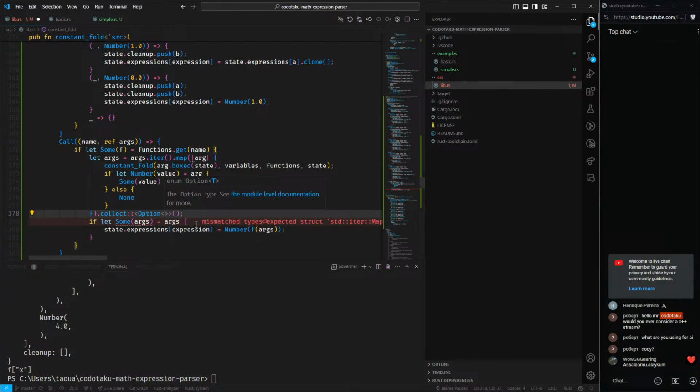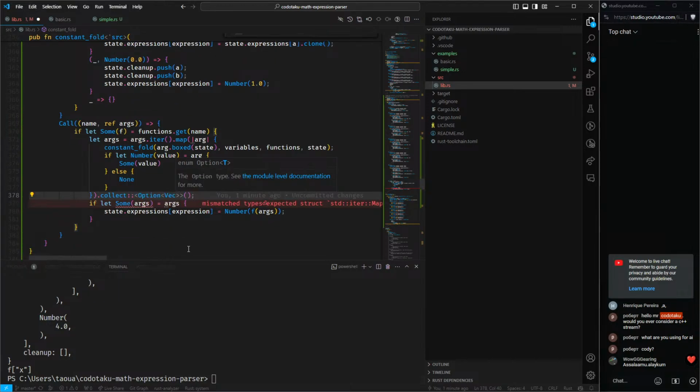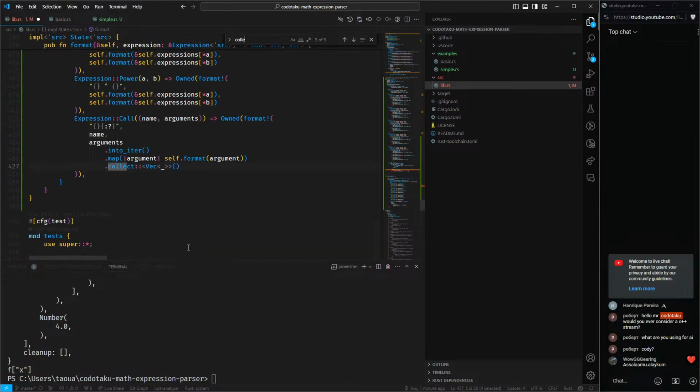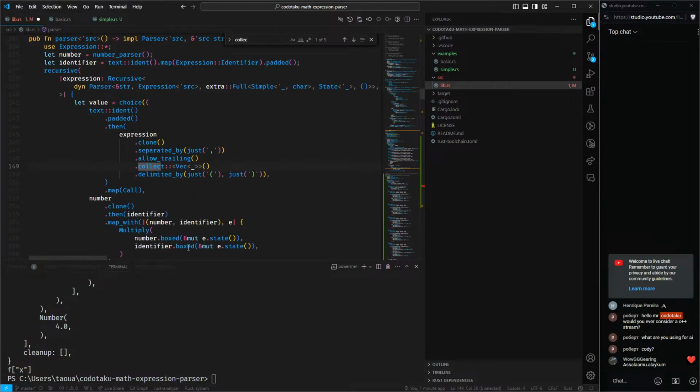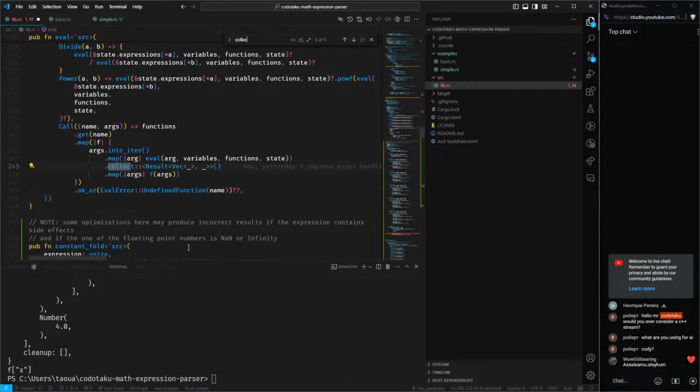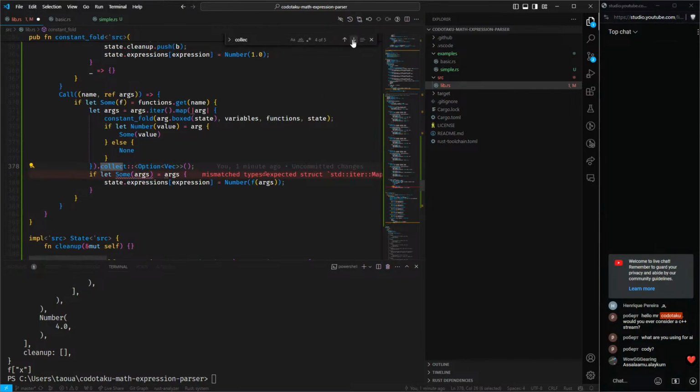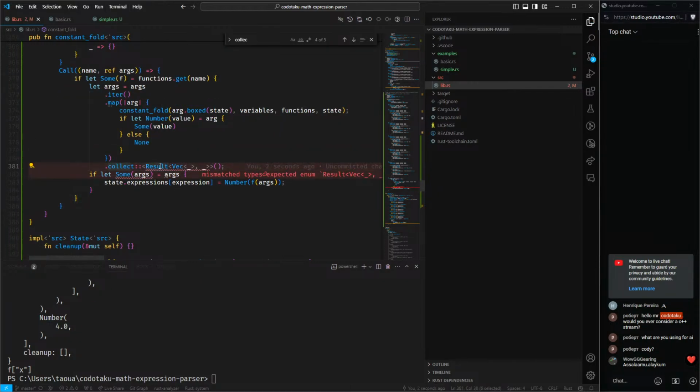Was that actually correct? How do you do this again? I've done it before. It was kind of like collect. There you go. So something like this. Instead of result, of course, in this case we just have an option, I think.